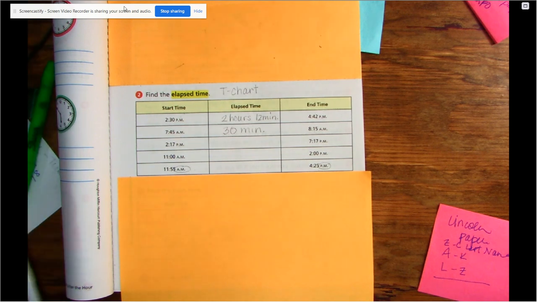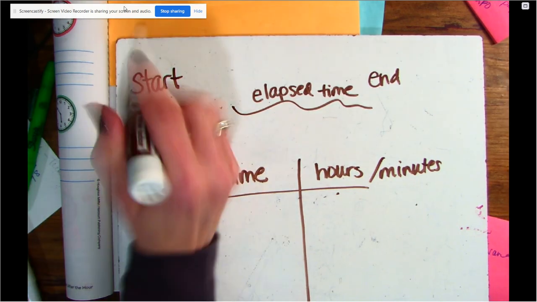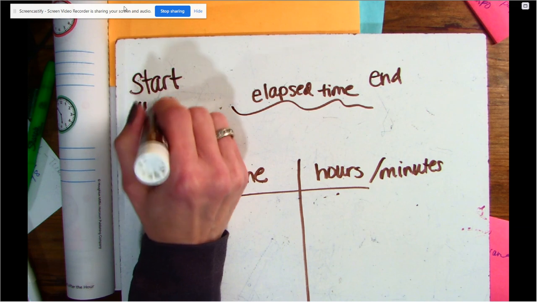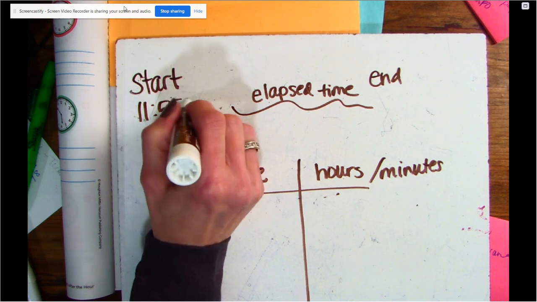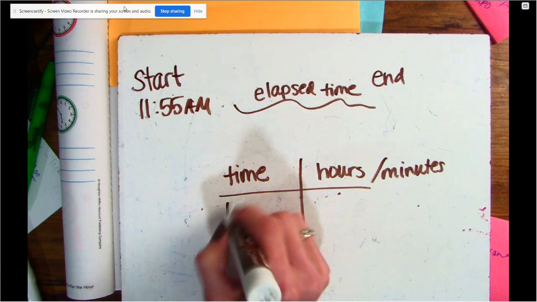So remember, we want to be thinking what kinds of things might be happening during those times so we can remember. And I'm going to write this on my whiteboard. My start time is 11:55 a.m. I'm going to write 11:55 here because that's our start.